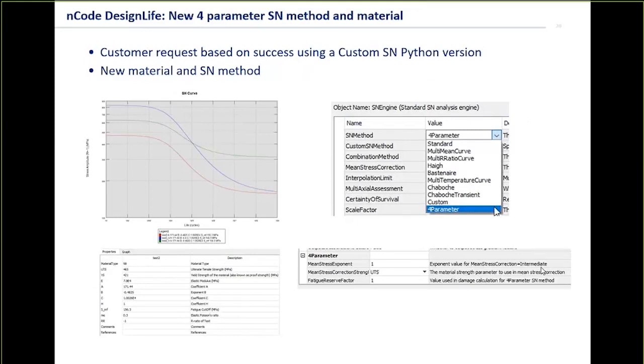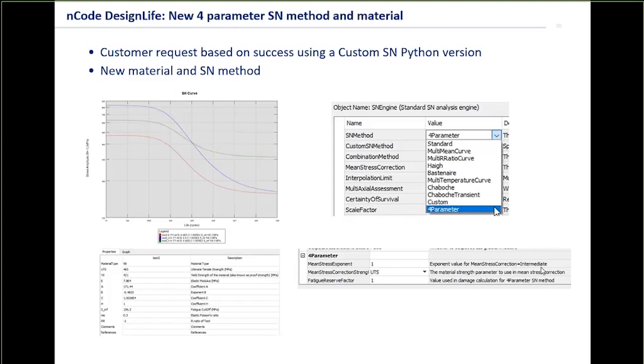Quite a lot of the modifications we've done in the last few versions have been directly to cover customer requests. One of the things that we were asked to put in initially as a prototype, which we did a few years ago, and now as a full method, is this new 4-parameter SN method.